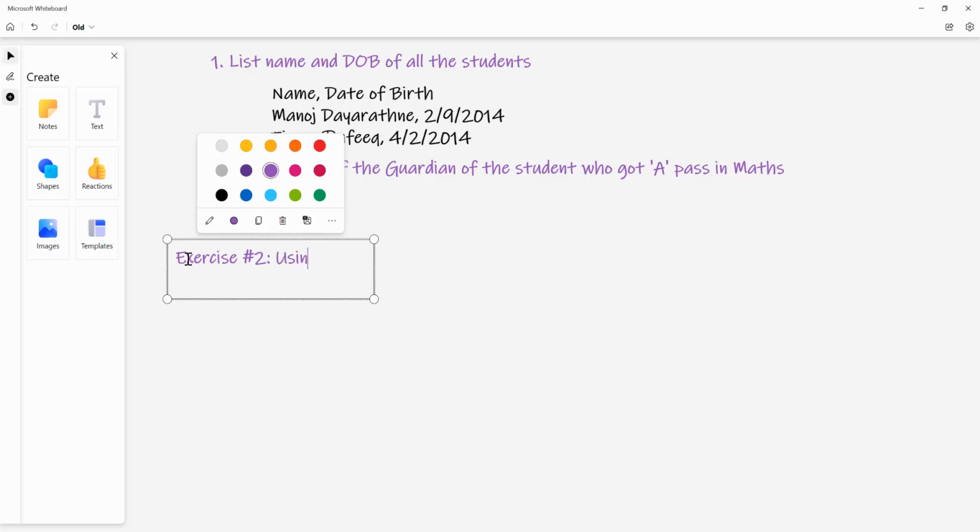Using tables 9.20 and 9.21 in the textbook, answer the following.